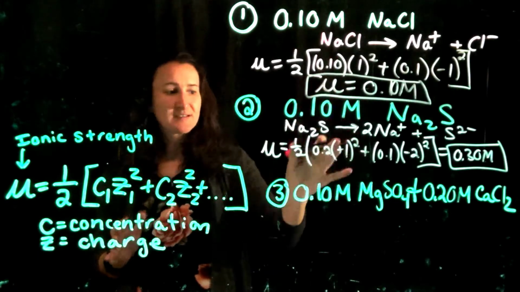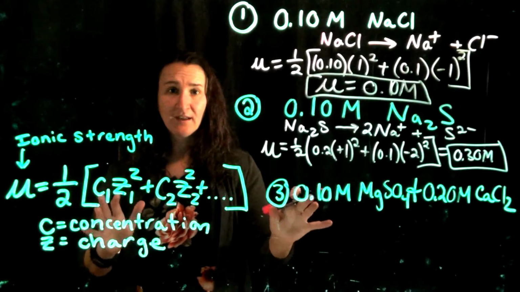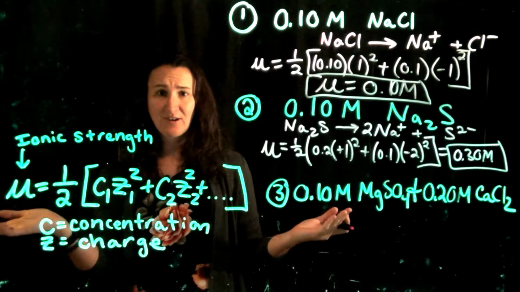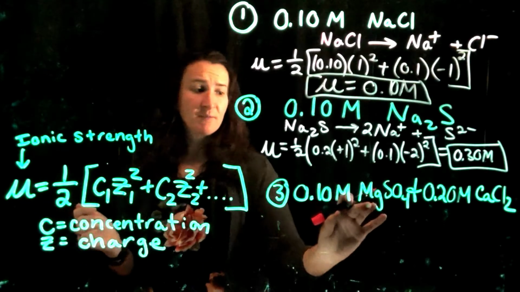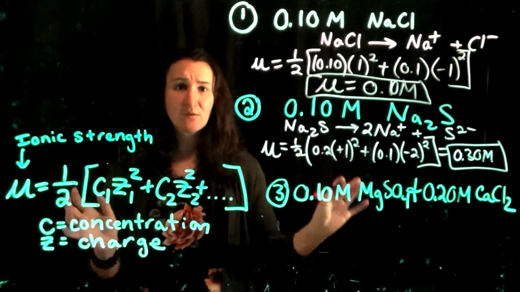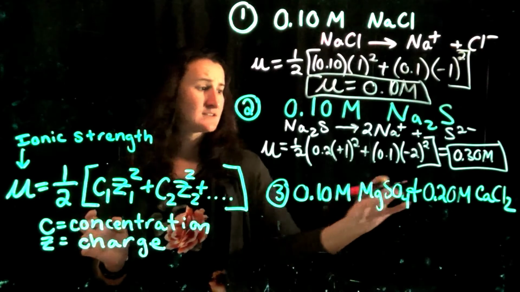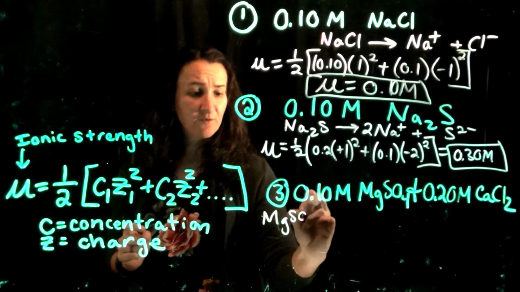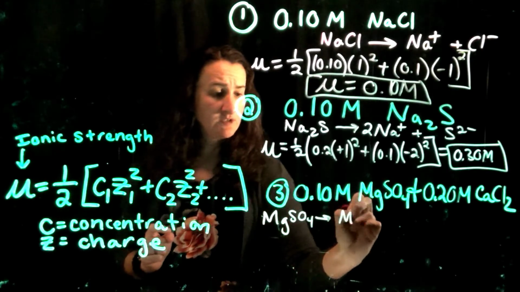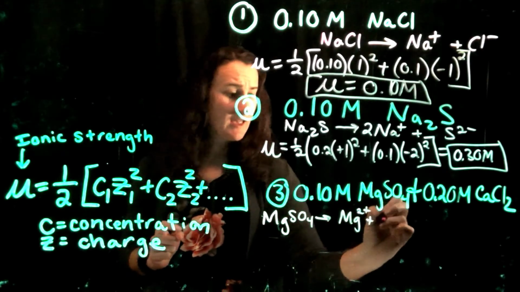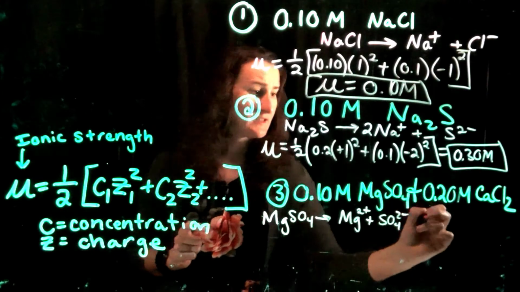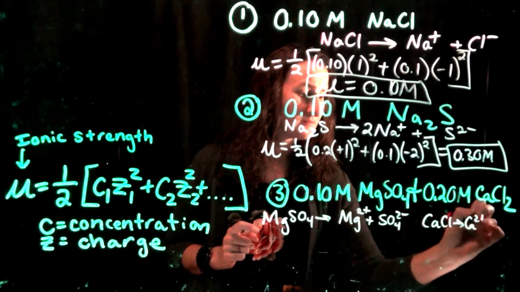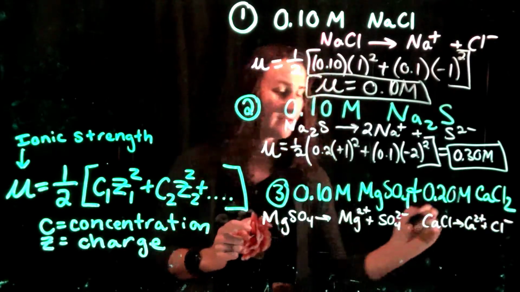All right, so we've done 2 examples. When we do this next one, students are like, well, what happens here? We've got 2 species. Let's include all of it in our ionic strength equation. We've got to turn magnesium sulfate into its individual ions, and then the same for calcium chloride. Magnesium sulfate turns into Mg2+ and SO4 2-, whereas calcium chloride turns into calcium 2+ and chloride minus.